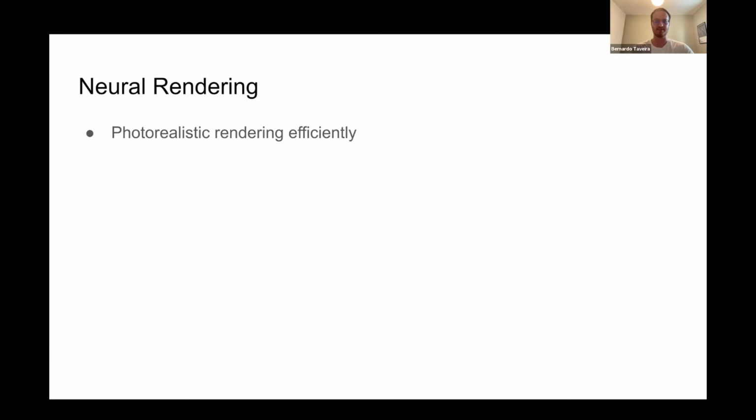You render these polygons and try to make the textures as realistic as possible, and the more polygons you have, the better the resolution and the more realistic it looks. But this doesn't scale very well. We also want a learned representation, basically. We want to learn this from real images or from data instead of having thousands of people working on one bottle or a scene for a video game.